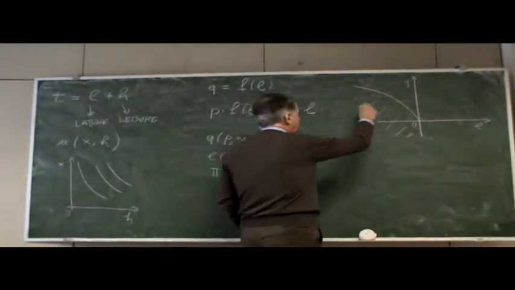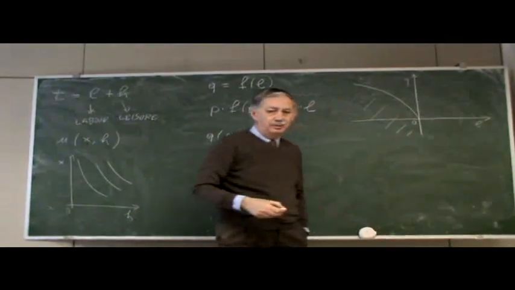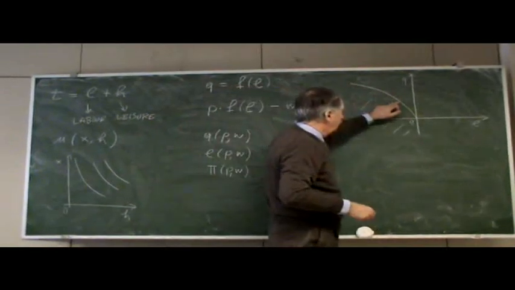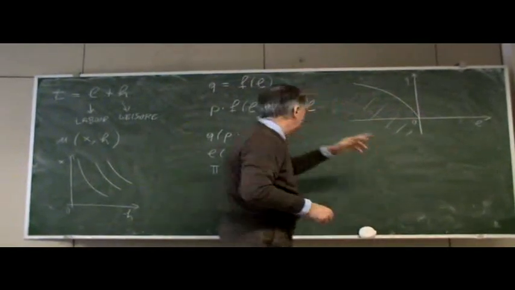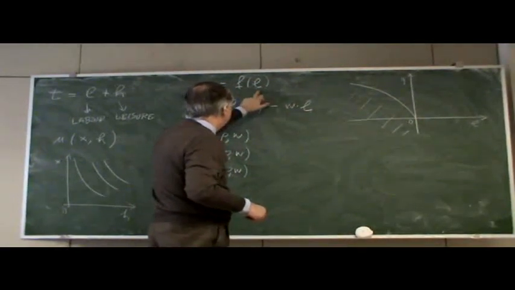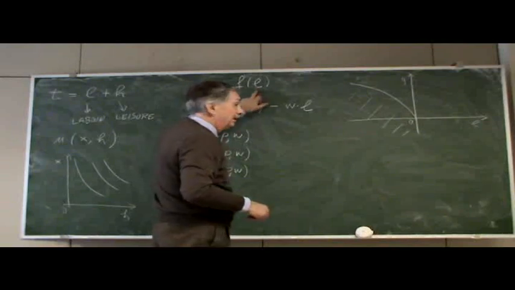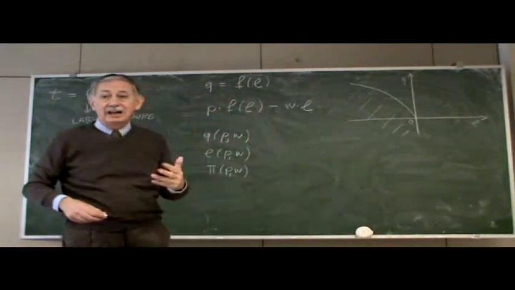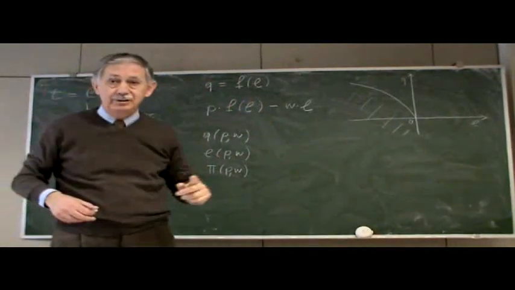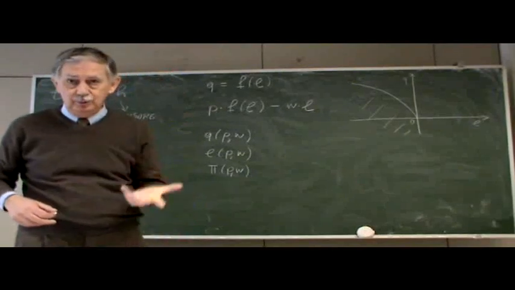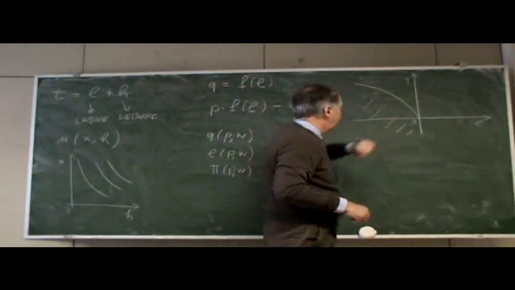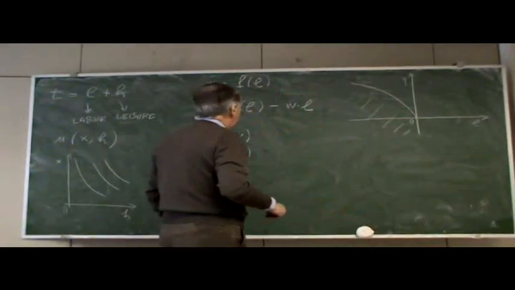All the points in this set represent possible production processes, but only those on this boundary correspond to the functional relation between Q and L. Remember that the production function associates with every combination of factors the maximum quantity of product. So this is the graph of a production function.